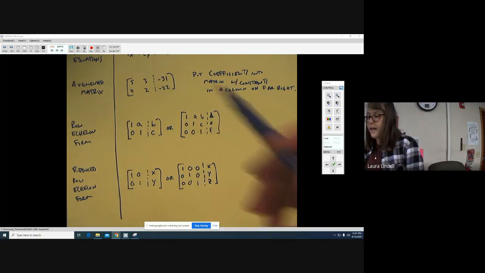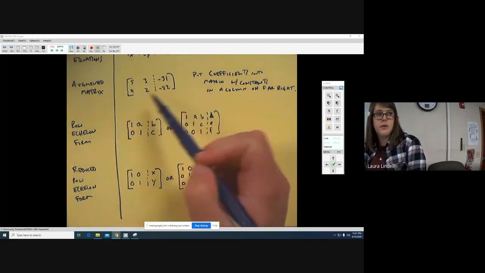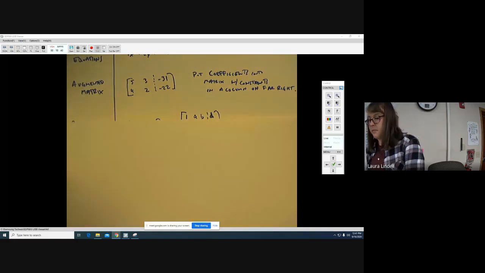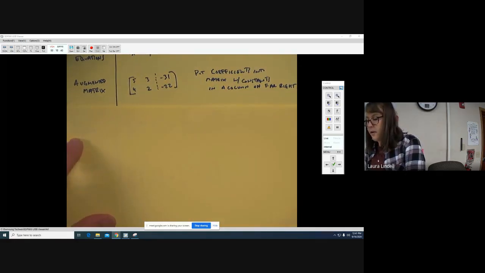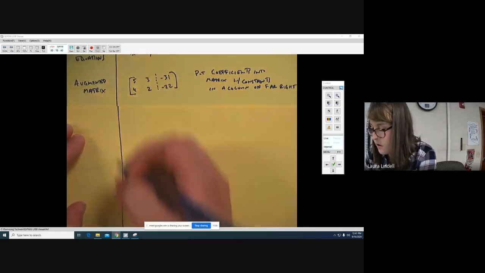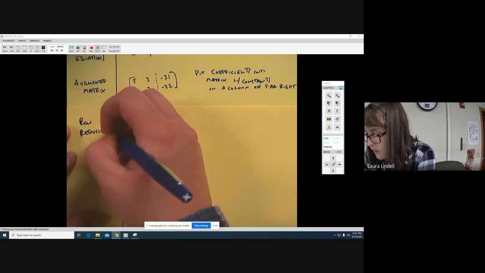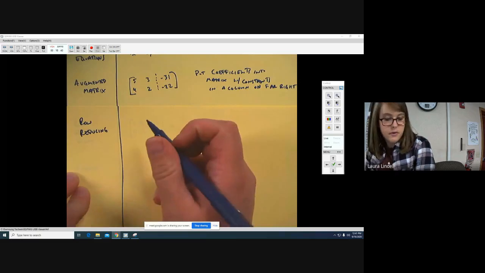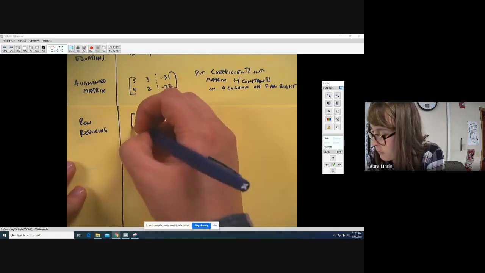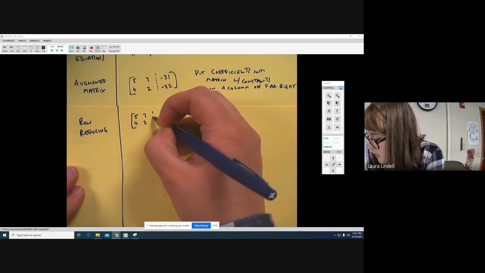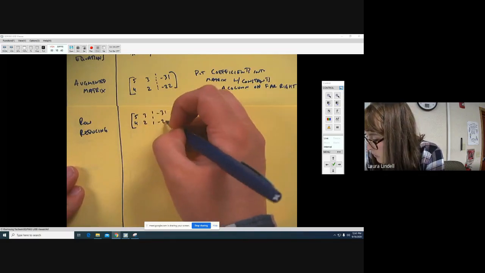Okay, so we're going to take this matrix and we're going to use this one for our example, the augmented matrix that we had from this particular system of equations. So row reducing. This process of row reducing is what we're doing right now. So we start with our matrix 5, 4, 3, 2, -31, -22.